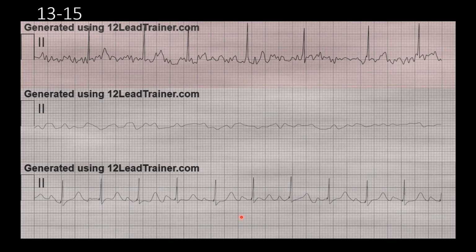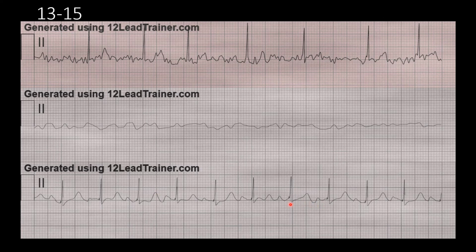I would expect to maybe see one or two that are in here, but it doesn't have to be, because if it's close enough to the SA node it'll still be a positive upright deflection, but there is some varying appearance. So because of that, I would say, and you know, it's one of those things that comes with experience, so I would be fine with calling this a sinus tachycardia, honestly, just because it's not very irregular.